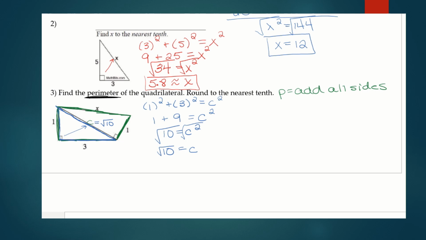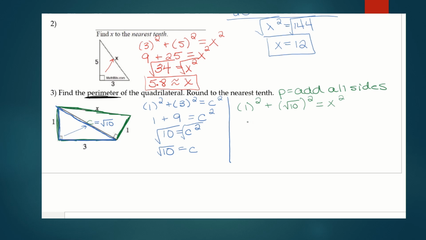Okay. So now let's take a look at this upper right triangle, if you will. So this upper right triangle, side C and this side length 1 here, these represent the legs, and side x represents the hypotenuse. So now, plugging into that upper right triangle here, I'm going to use 1 and the square root of 10 as the legs, and x as the hypotenuse.